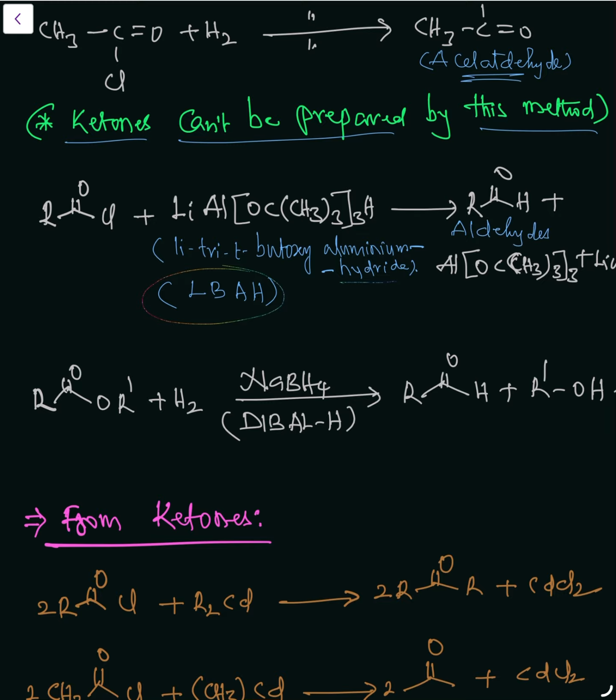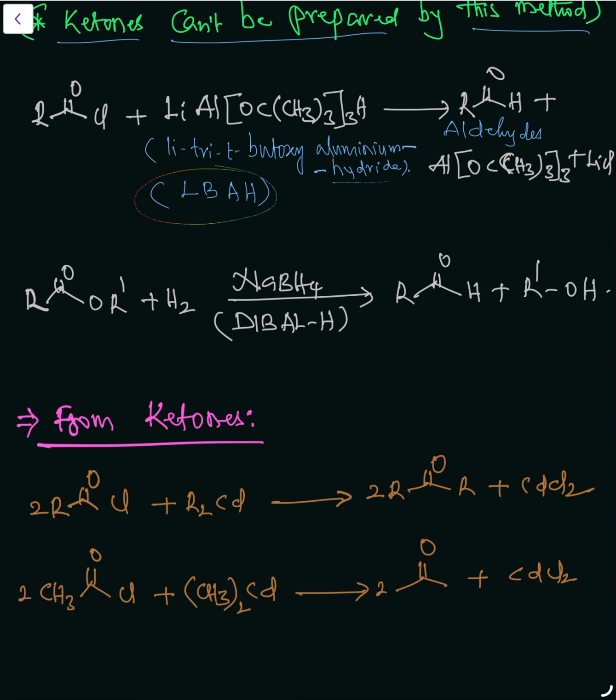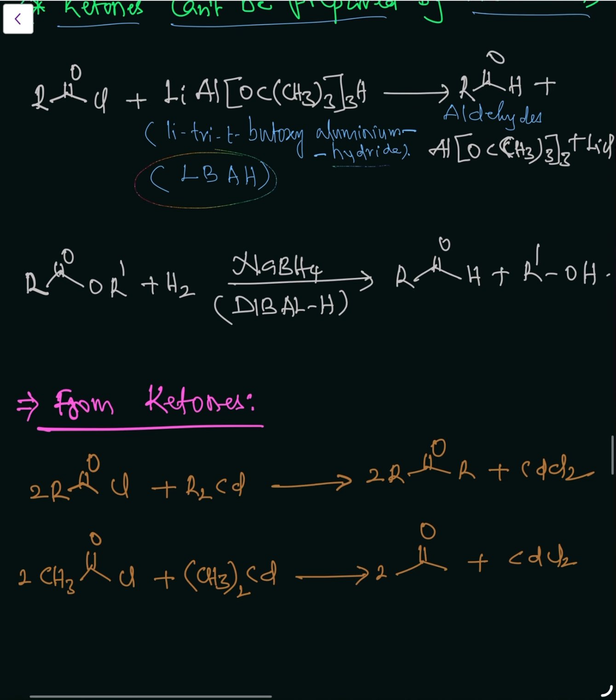The products are aldehydes. So here let us see, even carbonyl compounds can be prepared by NaBH4, which is a reducing agent. Along with that, DIBAL also we can use.